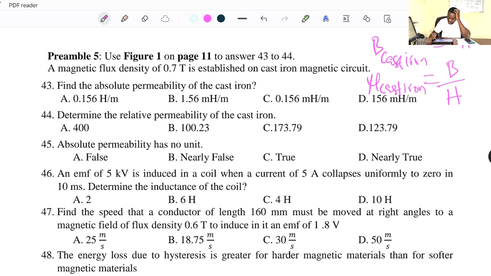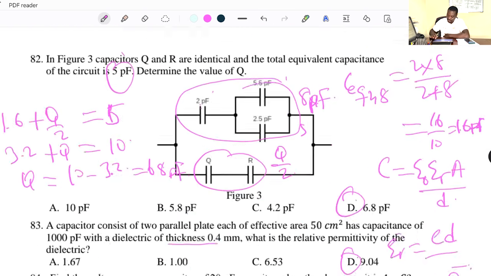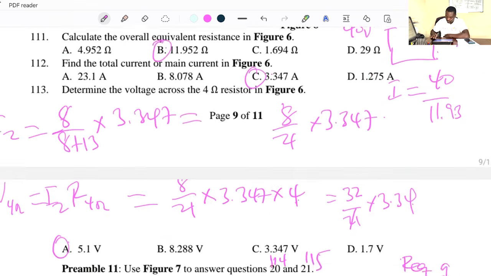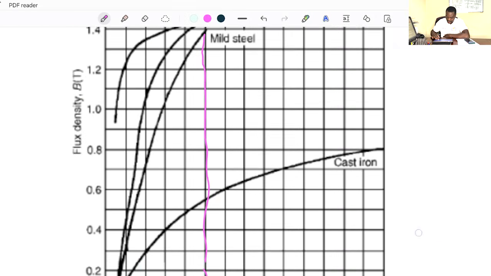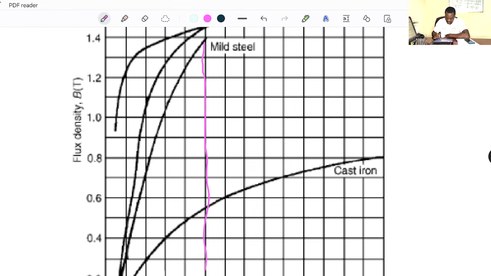So if we know the magnetic flux density of cast iron, which is given as 0.7, then we use the graph to get the corresponding magnetic field strength value, which is H. The material here is cast iron, so you go to cast iron at 0.7 Tesla. So we are here.